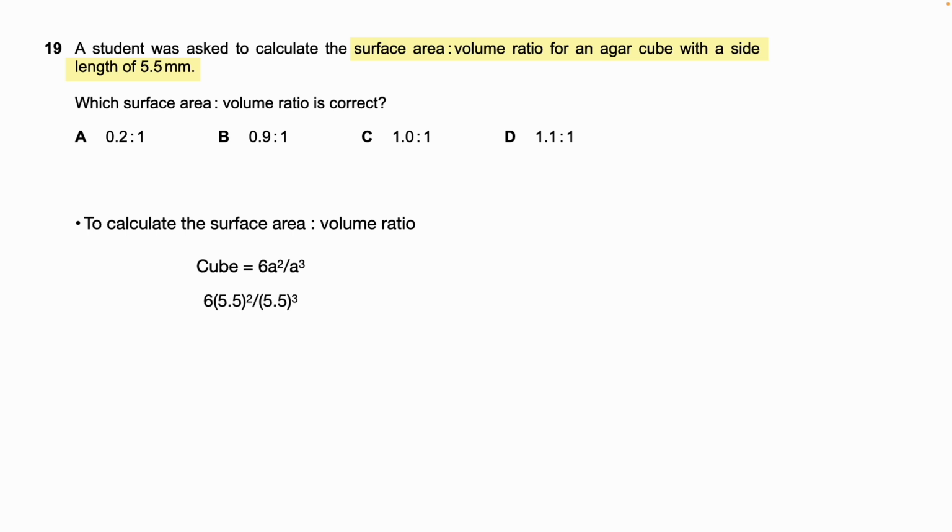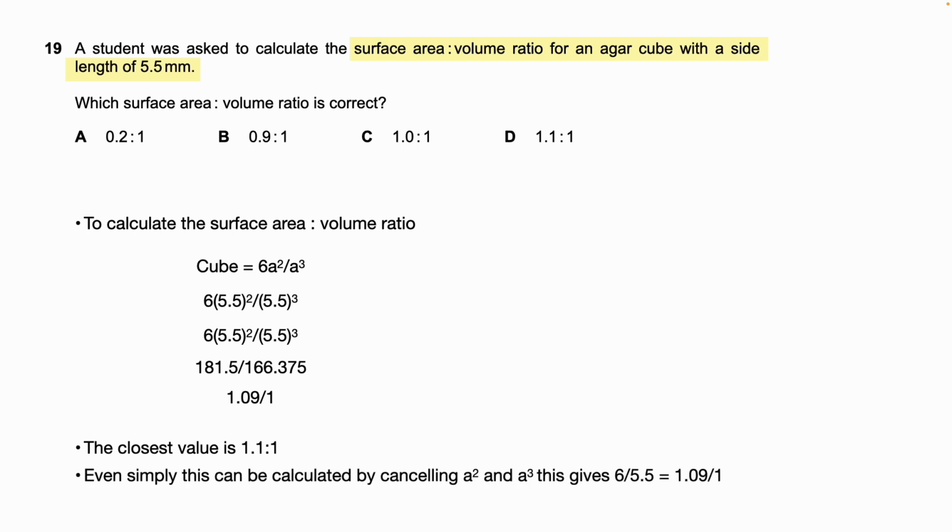So 6 times 5.5 squared divided by 5.5 cubed gives 181.5 divided by 166.375, which is 1.09 to 1, close to 1.1 to 1. The closest value is 1.1 to 1. Even simply, this can be calculated by cancelling a squared and a cubed, giving 6 divided by 5.5, which equals 1.09 to 1, and again the closest value is 1.1 to 1. So the answer is D.